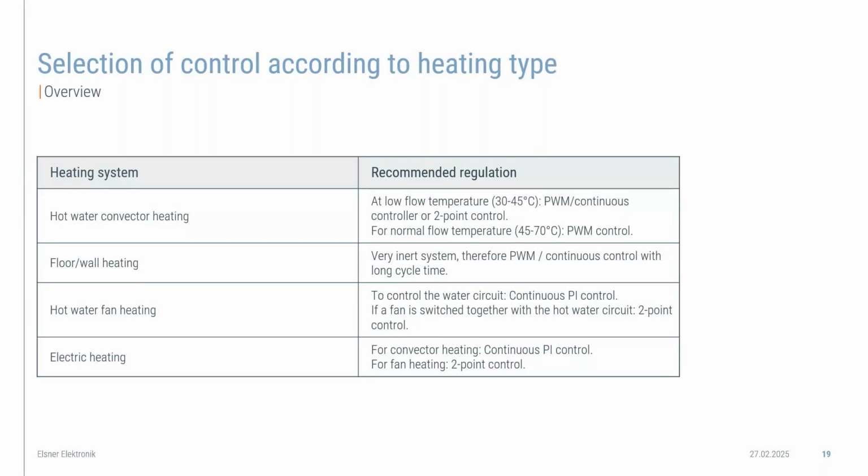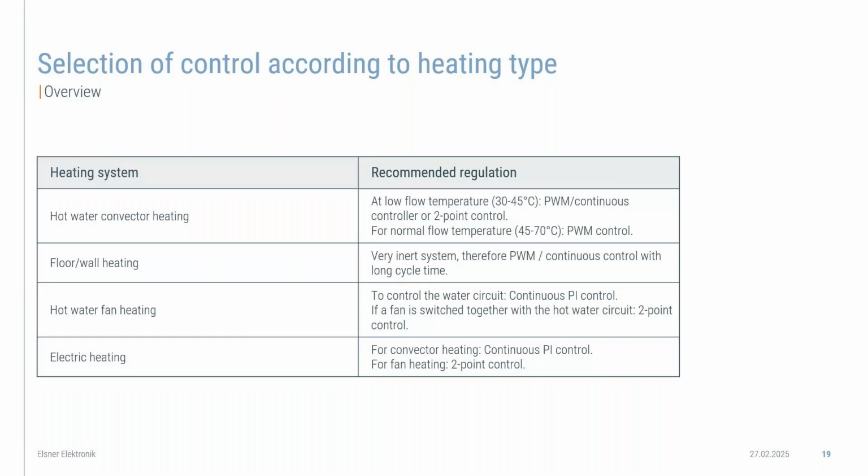Most is okay. What the pulse width modulation control is, we will have a look in a second. If you have floor and wall heating, you have a very inert system, and therefore the pulse width modulation or the continuous control with a long cycle time is most suitable for this heating system.